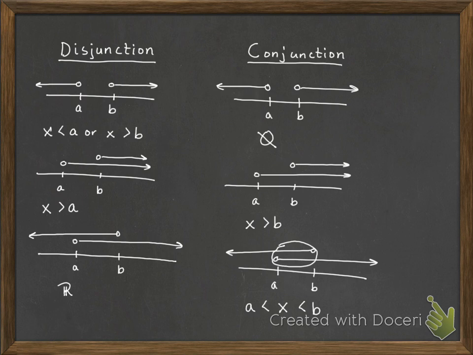It would probably be a good idea to stop the video, pause it, or while I was talking, make sure you write those down, because those are very important to remember. Now you've got your conjunction and disjunction and the differences between the graphs, and I will be posting your homework in just a minute.